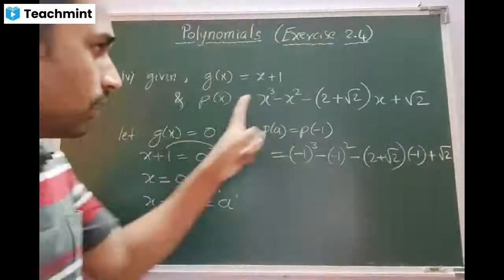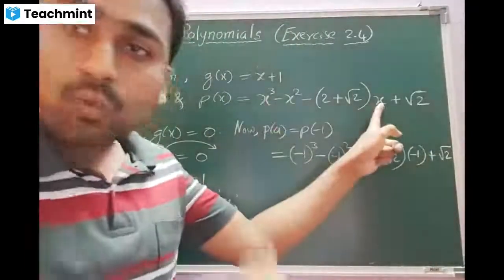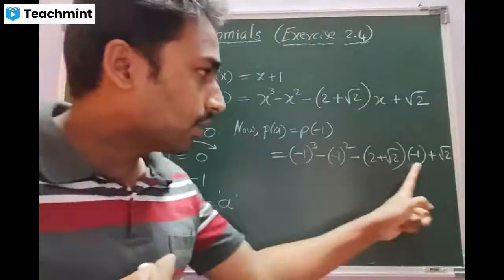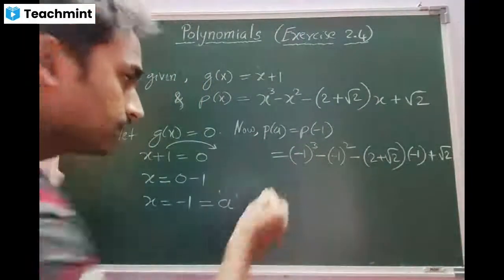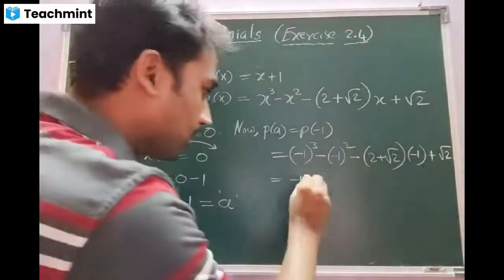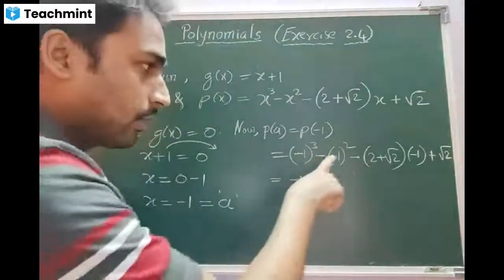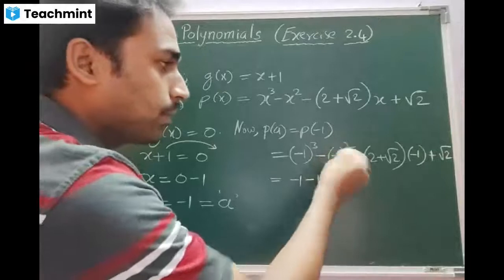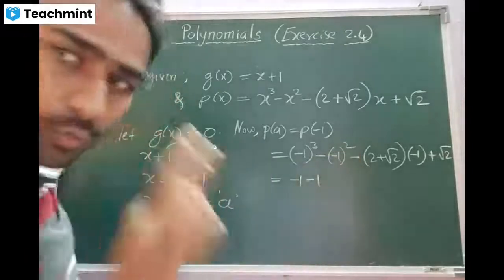Better understand, the x I have replaced with -1. Now let us solve. This is as usual -1. -1 the cube is also -1. Minus into minus plus 1 will be here, but outside is minus, so minus will remain. Clear?